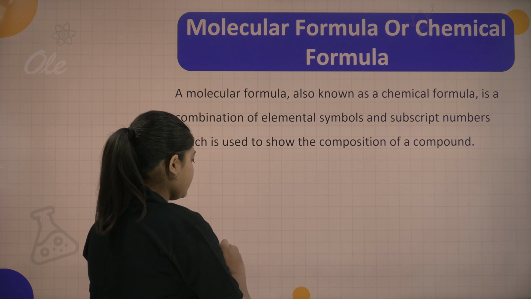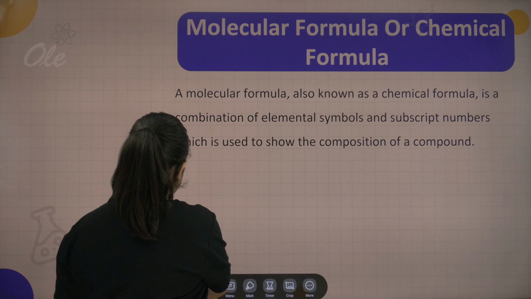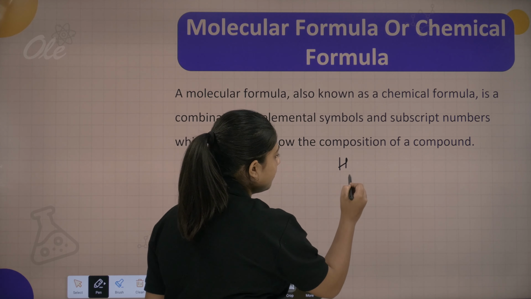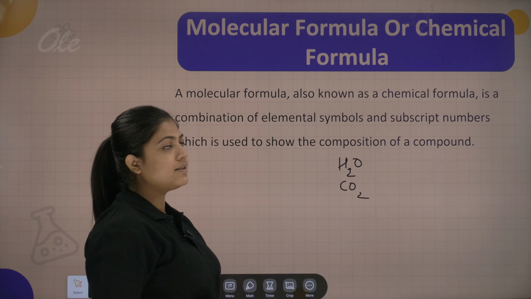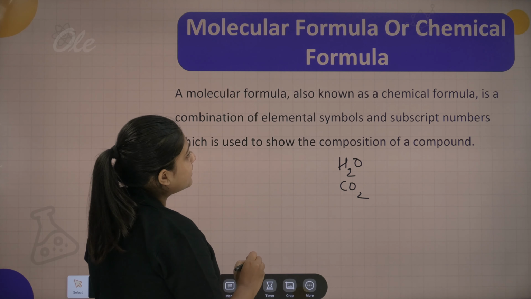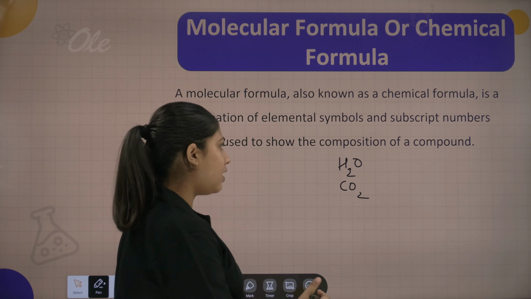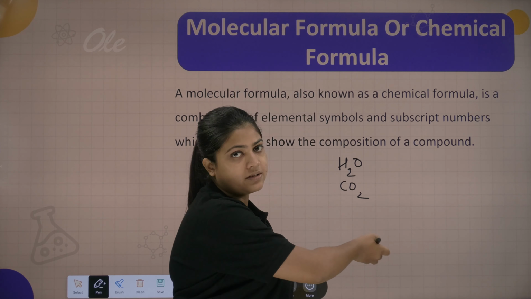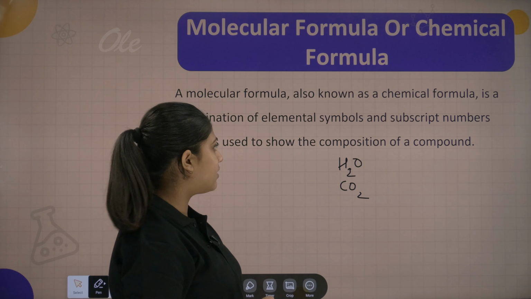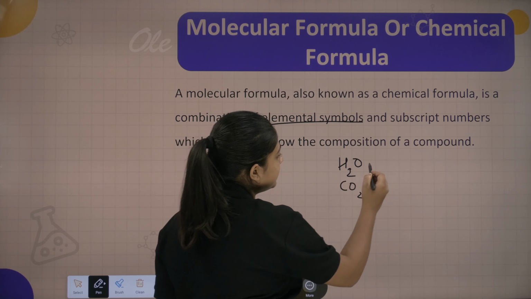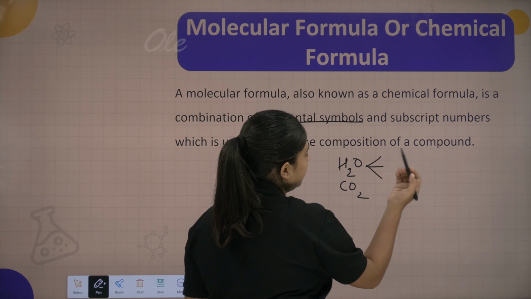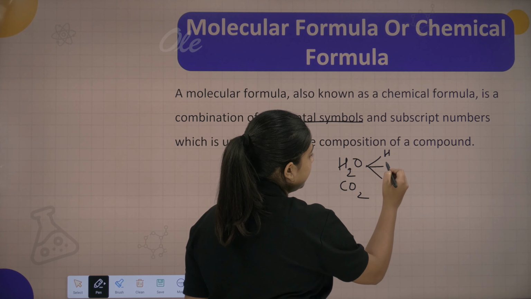Let me tell you again. Let me take the similar example again. H2O and CO2. So what they are saying, first of all, this is a molecular formula because this is the molecule of H2O, and this is the molecule of carbon dioxide. It is a combination of elemental symbols. Elemental symbols means there are 2 elements and there are a total of 3 atoms.